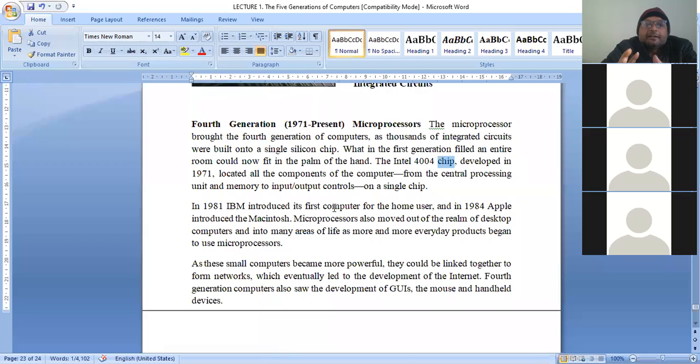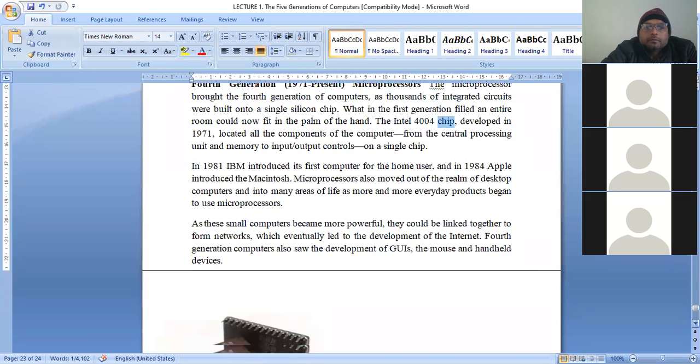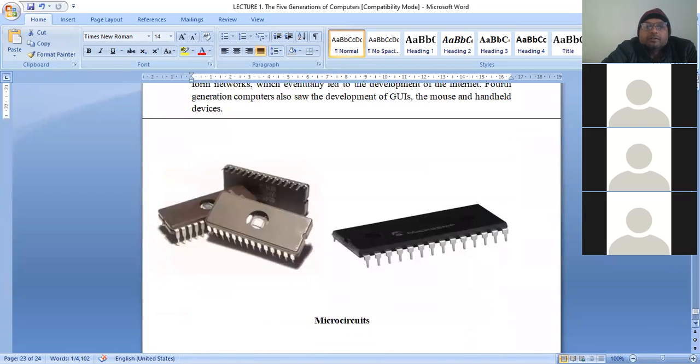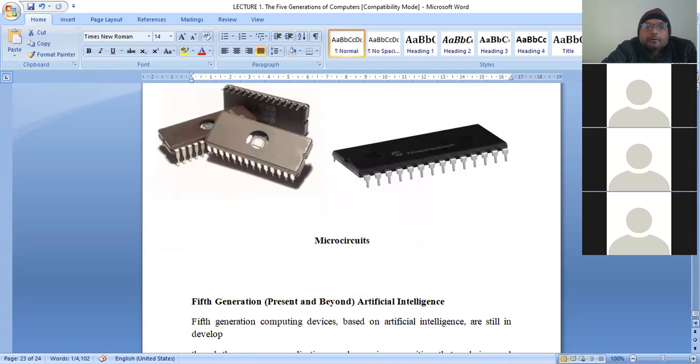Thousands of integrated circuits were made in that motherboard. Okay, so these are the fourth generation of computer. Graphical user interface, mouse, and handheld devices were all used in these computers.